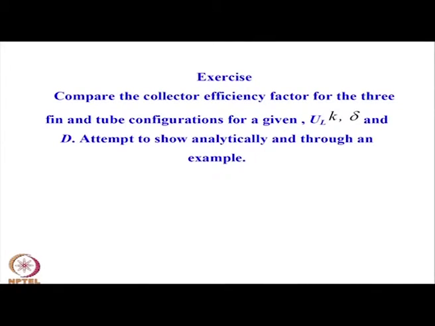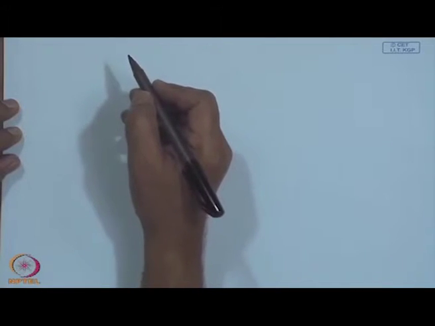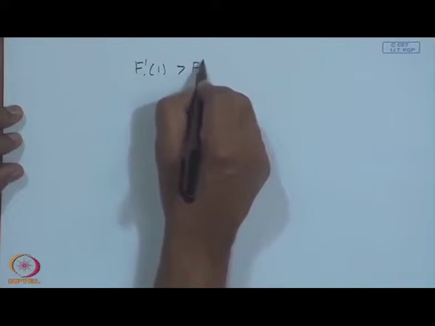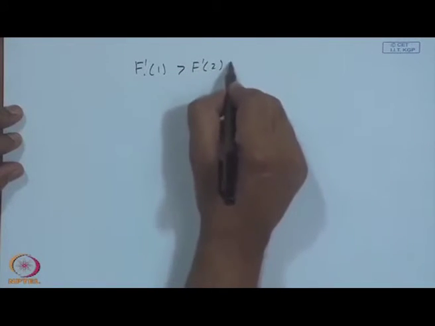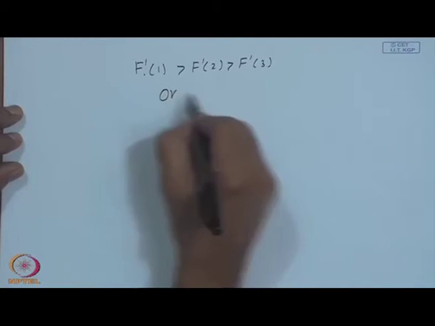One can find out whether F dash is higher for one or the other for a change in U_L and k delta, and analytically prove that F dash for arrangement 1 is greater than F dash 2, greater than F dash 3, or whatever.